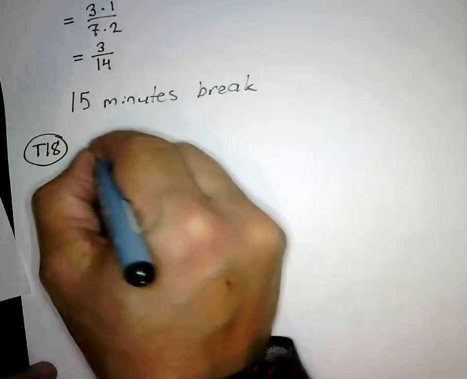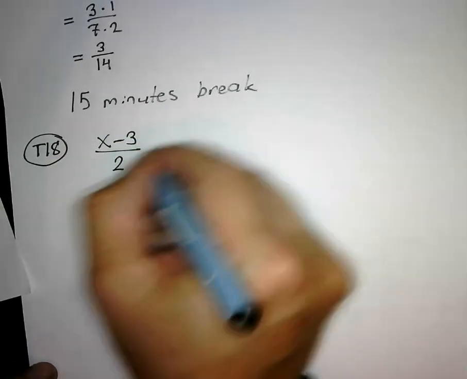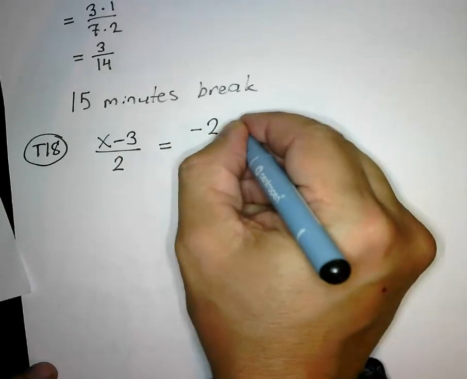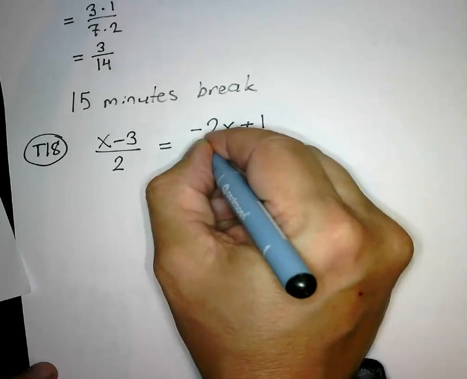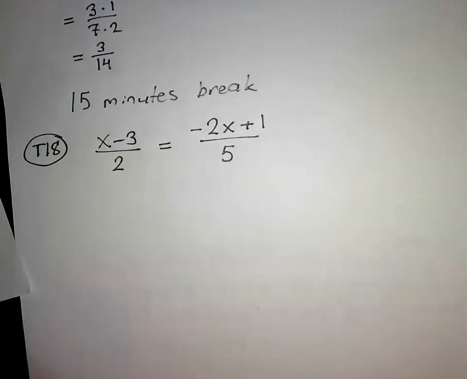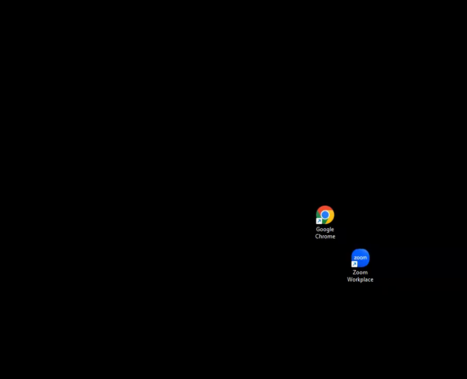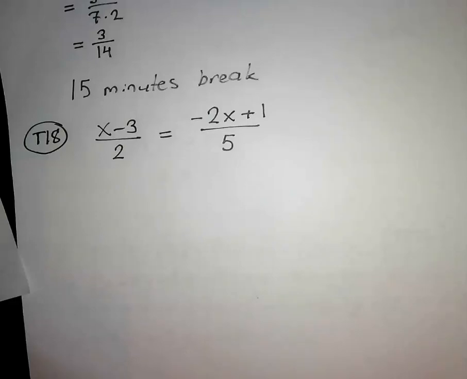X minus 3 divided by 2 equals minus 2x plus 1 divided by 5. This problem was solved quite many ways.